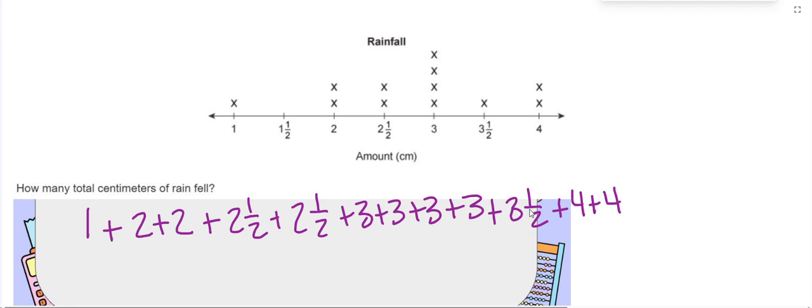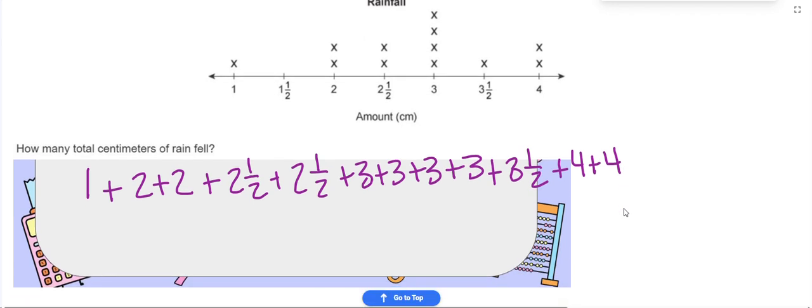Okay, now obviously you can condense this by writing some multiplication, but I just wanted you to visually see everything that we're adding together. So I'm going to group some of these things to make it easier. So 2 plus 2 I know is 4. 3 plus 3 plus 3 plus 3, that's like 3 times 4 is 12. 4 and 4 is 8.